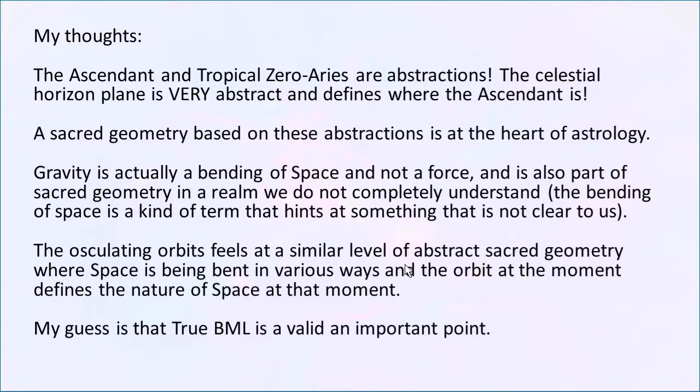We know that because we use the ascendant, and the ascendant works. And it's a sacred geometry. It's a powerful geometry that is a force in our lives. That's what we understand as astrologers. And if we think of gravity as bending space, as physicists do, rather than a force, then we're looking at gravity as a sacred geometry.